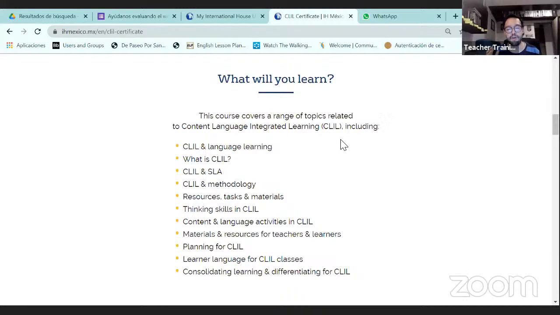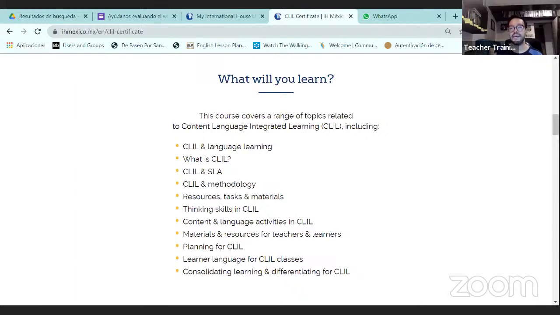Like the focus on CLIL methodology, planning for CLIL, thinking skills in CLIL, differentiating, consolidation, planning, etc. And it's quite a nice course, I think, also because it's not only theoretical. One of the key differences between this CLIL course and maybe other options out there is that we are actually going to be observing you teach a CLIL class.